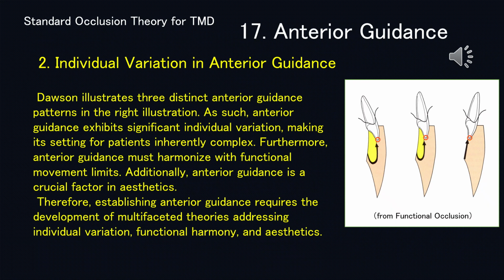Furthermore, anterior guidance must harmonize with functional movement limits. Additionally, anterior guidance is a crucial factor in aesthetics. Therefore, establishing anterior guidance requires the development of multifaceted theories addressing individual variation, functional harmony, and aesthetics.